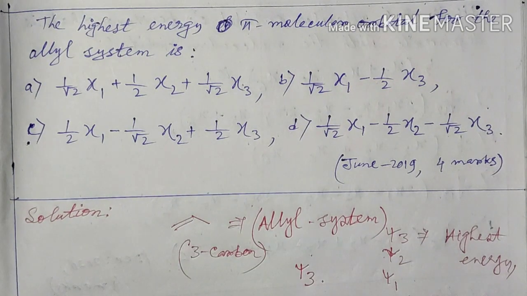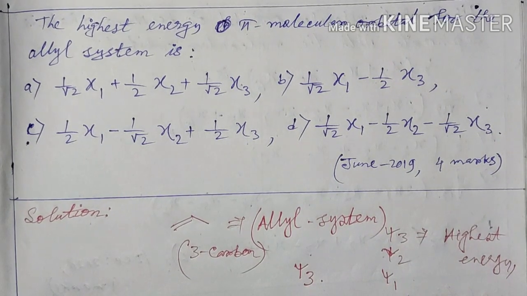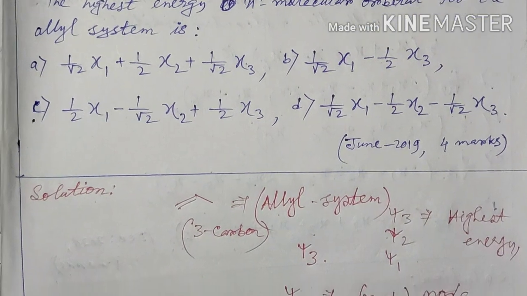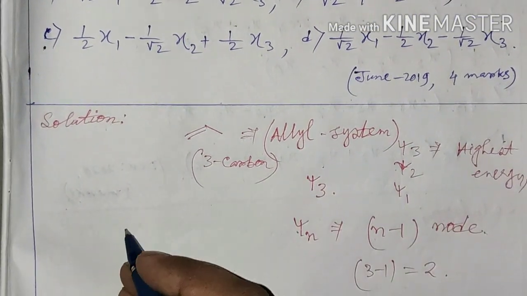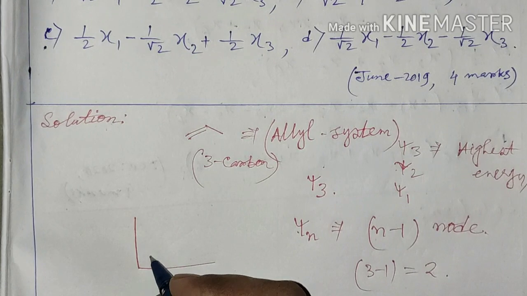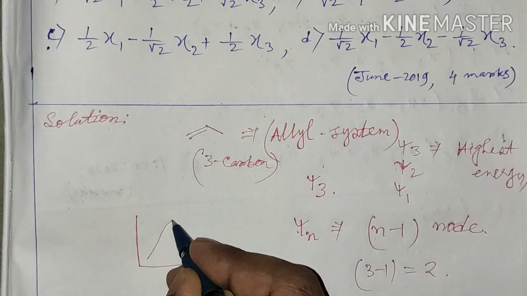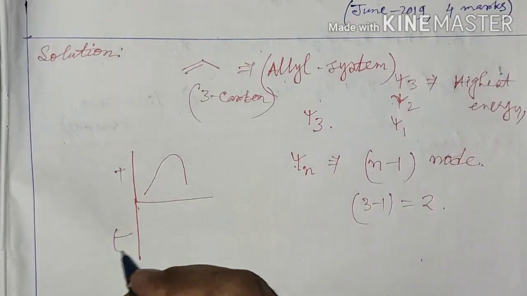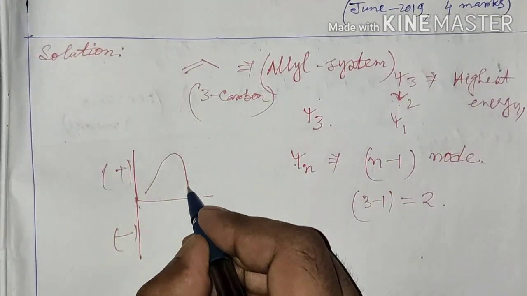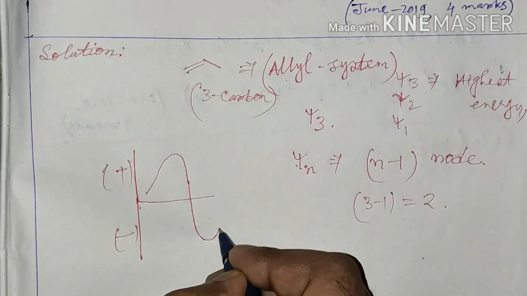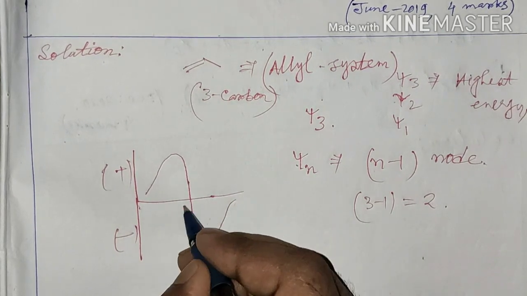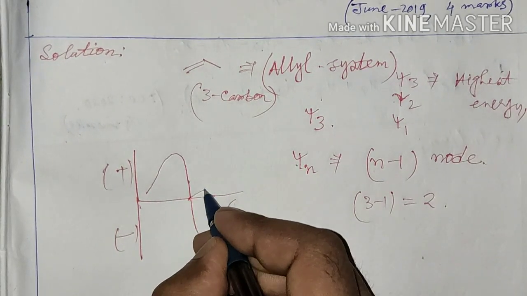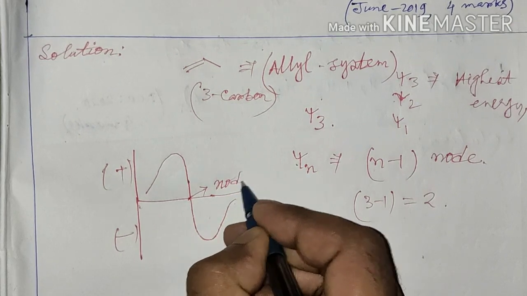From the concept of node or nodal plane, we know that the point where the wave function changes its sign corresponds to a node or nodal plane. If a wave function is denoted like this, this is the plus side and this is the minus side, and at some point it changes its sign, that point corresponds to a nodal point.